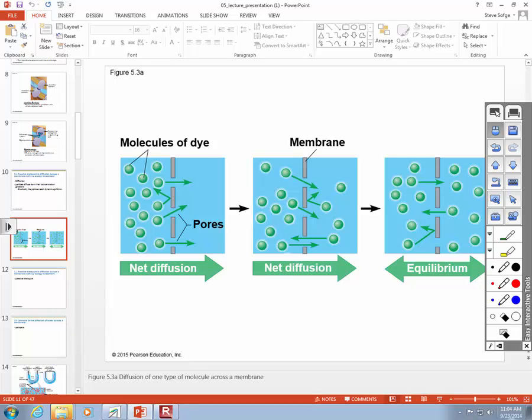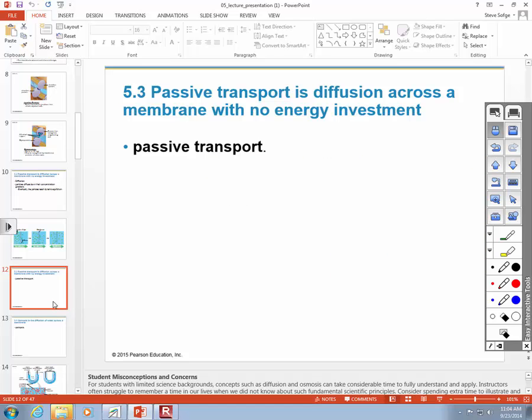It doesn't look like it. It doesn't move far, but it is in motion. So things do move. And eventually, those dye molecules will pass through the pores until they do reach a state of equilibrium. So we're going from an area of high concentration to an area of low concentration, and that is a simple diffusion.